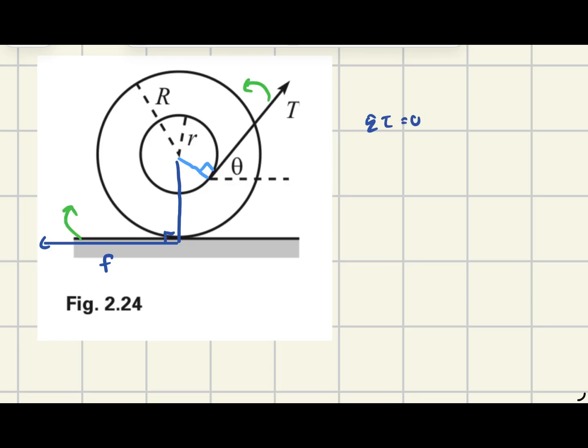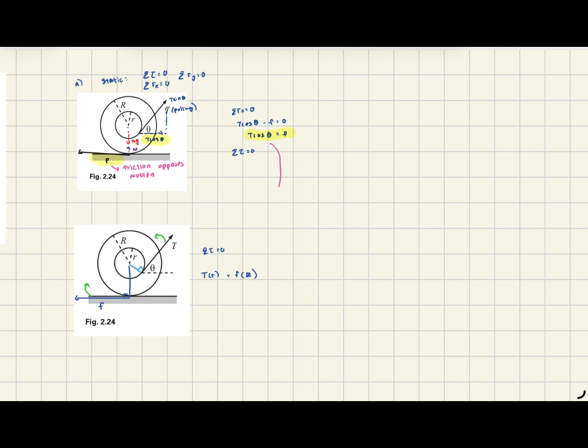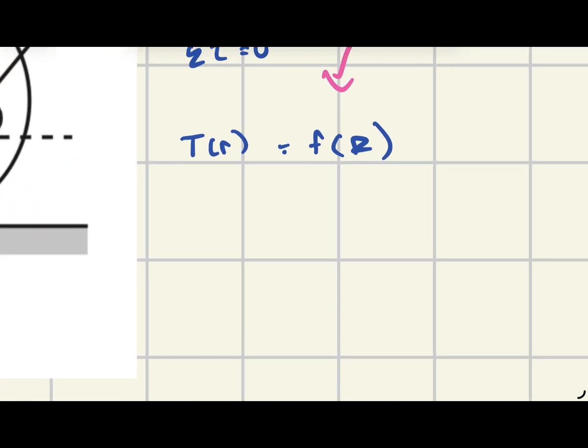Now we can see that they are both in opposite directions, so they must cancel each other out. They also have different radii, which gives us this equation. We will now substitute our past relationship that we got from the net Fx into our friction. So now we have T times lowercase r is equal to T cosine theta times uppercase R.